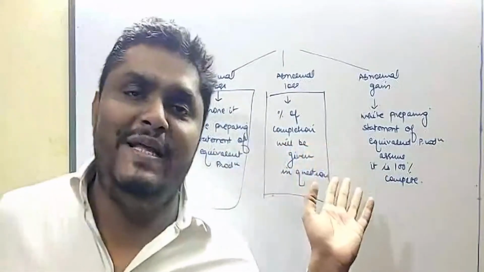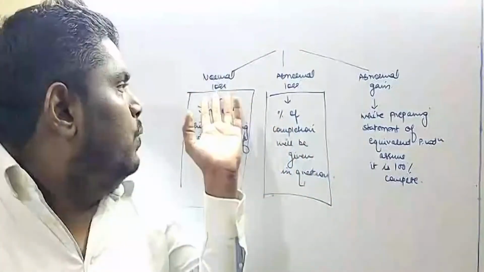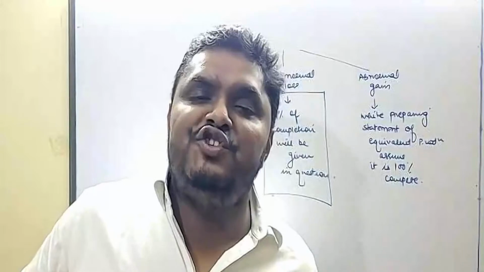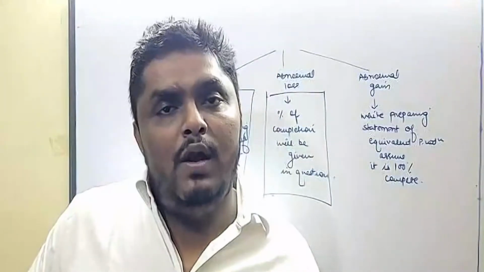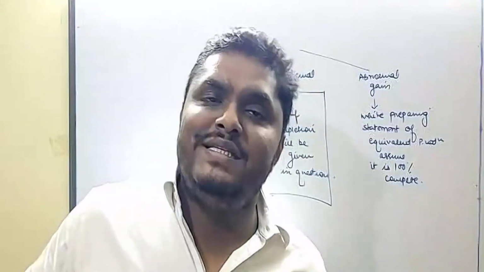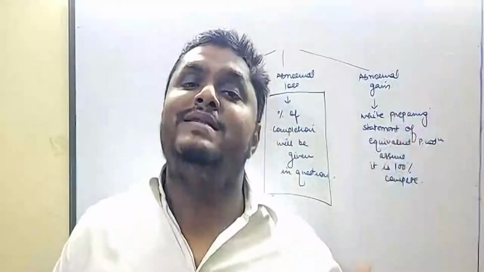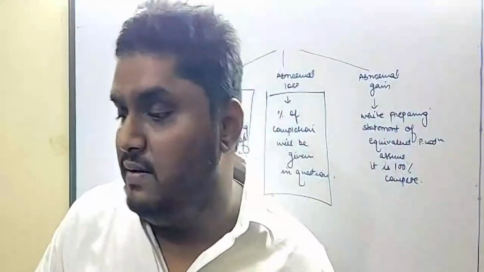I request you guys to please copy this part. When talking about normal loss, ignore it while preparing statement of equivalent production. When talking about abnormal loss, the instructions are always given in the question ki kitna percent complete hua hai. Abnormal gain, always assume that it is 100% complete.